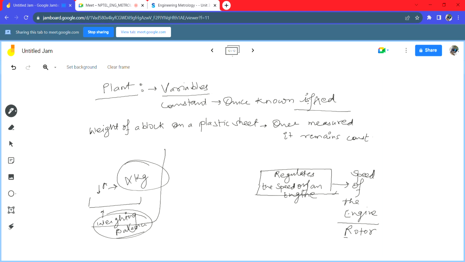Now I want this rotor to rotate at a speed of say 10 meters per second, or if it is a rotary motion, to be very clear on the concepts, let us say 10 revolutions per second. This is the speed of the engine that I want.